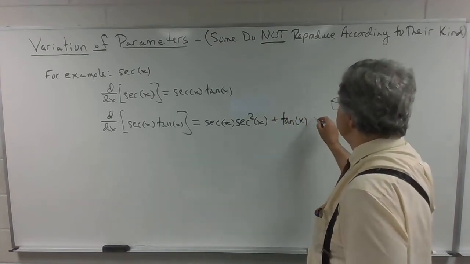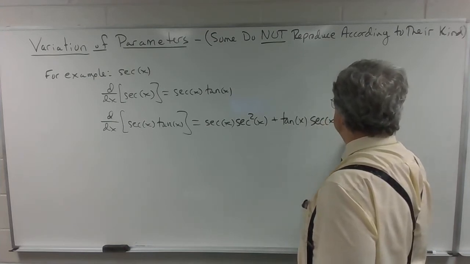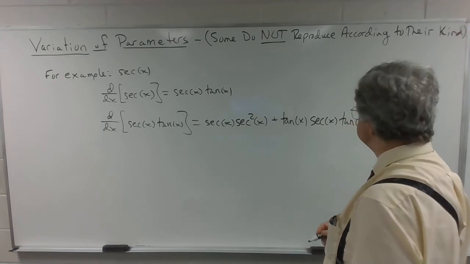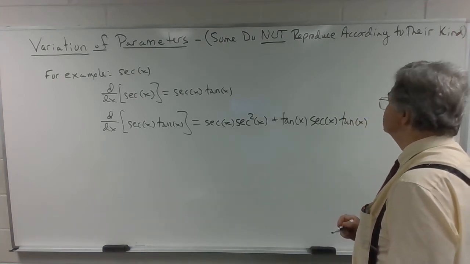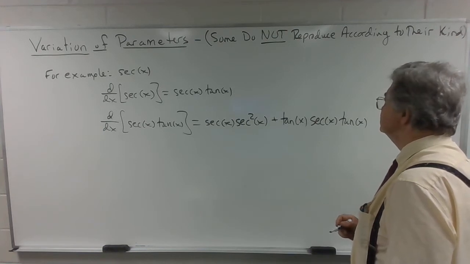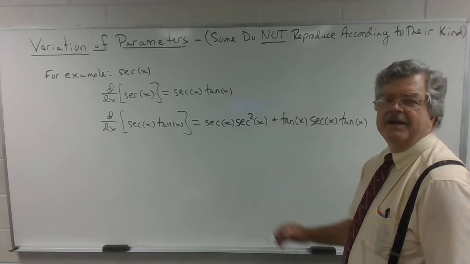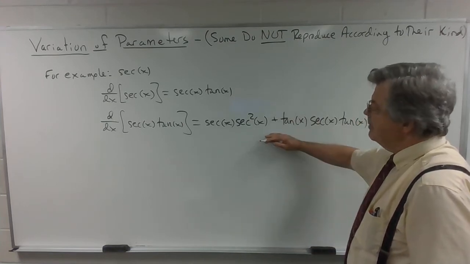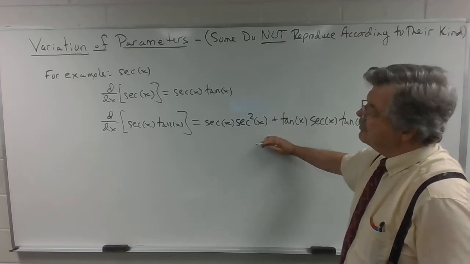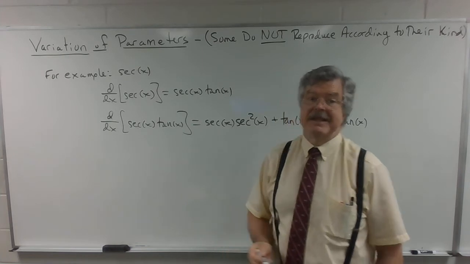So that's secant x tangent x. And oh, it just keeps going on into the sunset. No matter how many times we compute the derivative, we're never going to get back secant x.